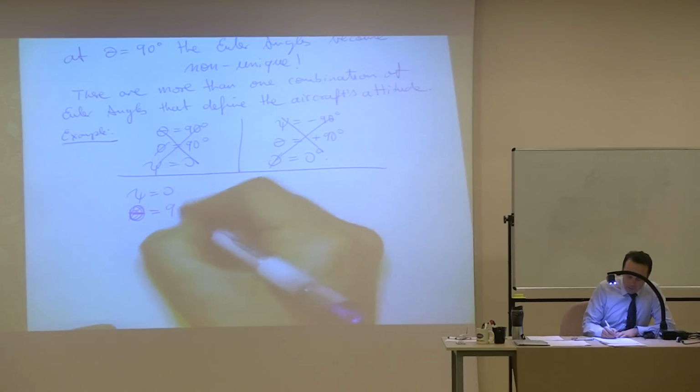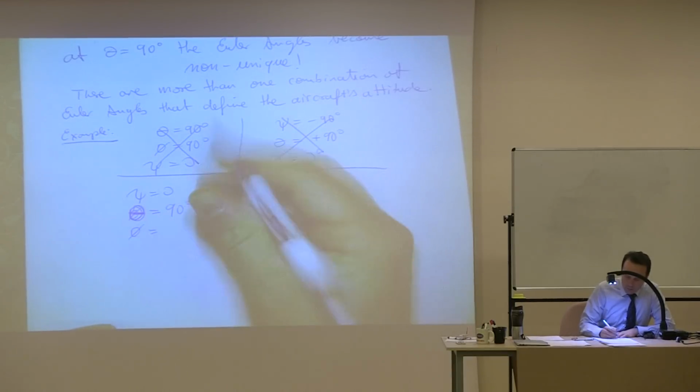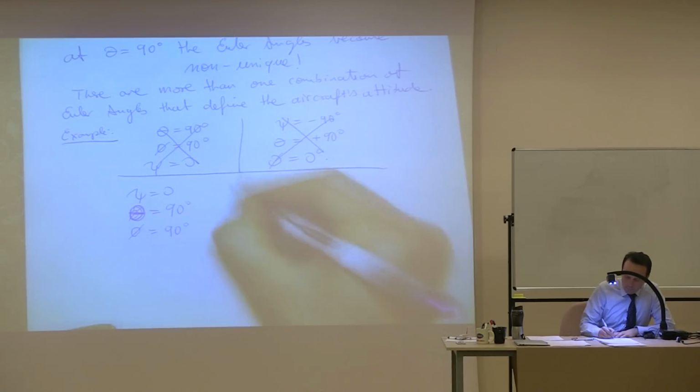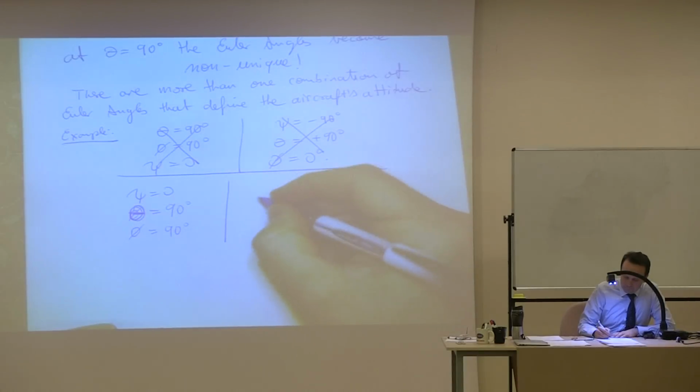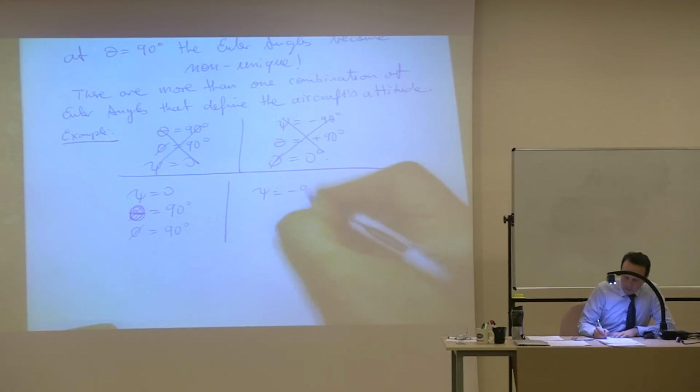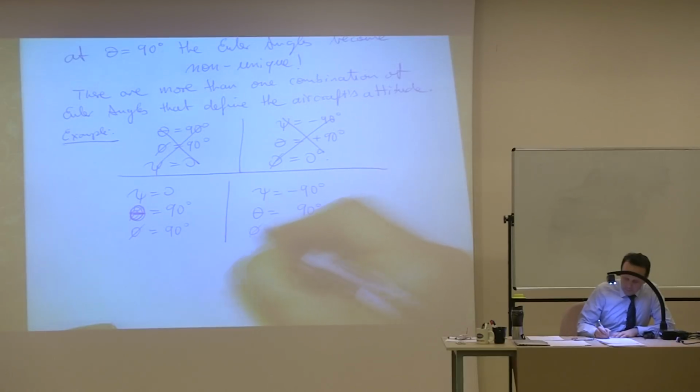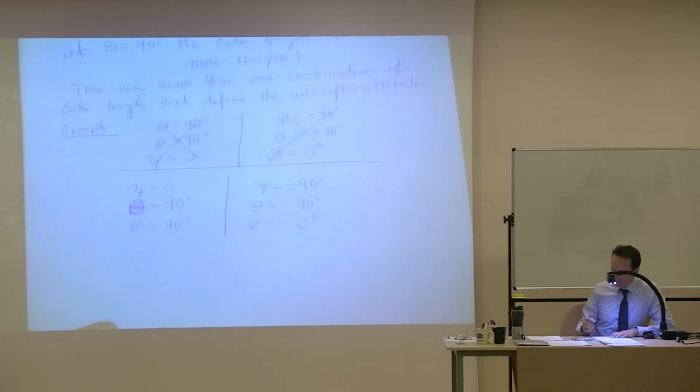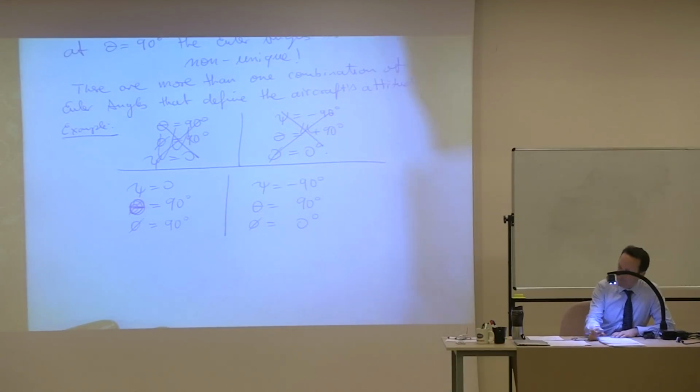Theta equals 90 degrees and phi equals 90 degrees, versus psi equals minus 90, theta equals 90, and phi equals 0. Okay?